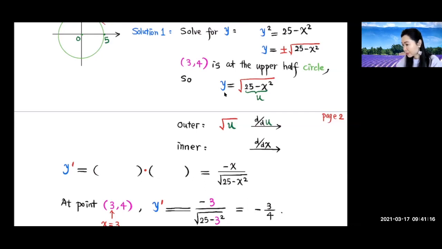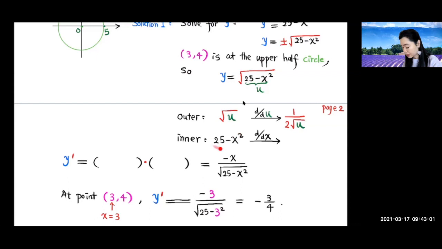We use it as a formula now. We did it many times. So it's 1 over 2 square root of u, okay? The inner function is u equal to 25 minus x squared. Differentiate this inner function with respect to x, we get negative 2x.